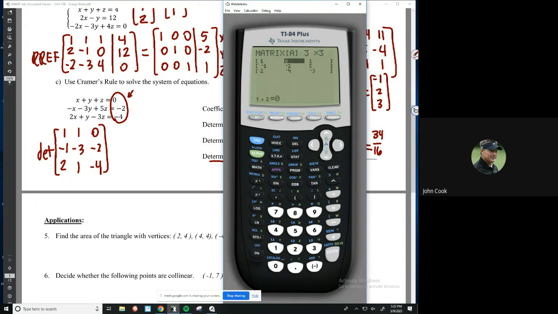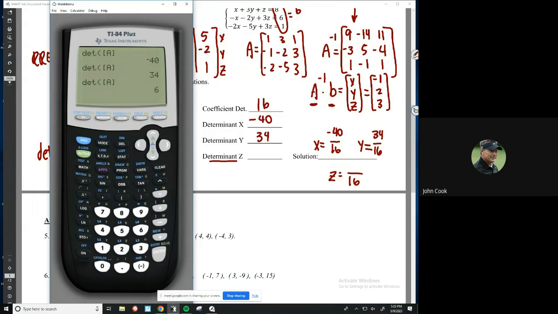Let's replace that second column back with the original y values. So 1 and -3 and 1. And then these ones, the z values, are going to be the 0 and the -2 and the -4. There we go. Okay, now we do the determinant one more time. And it looks like it's 6 this time around. So 6. So we get 6 over 16.